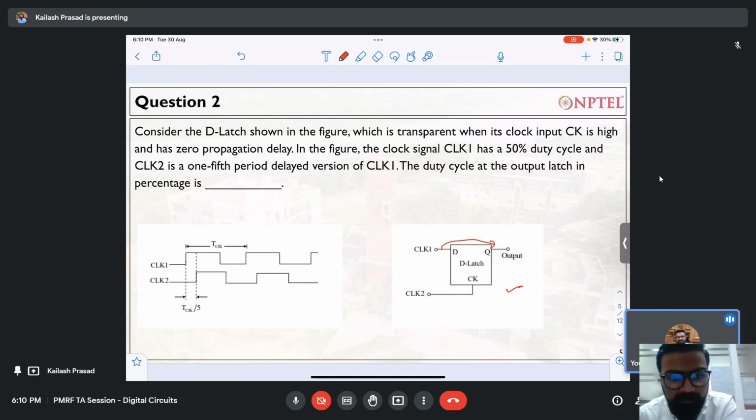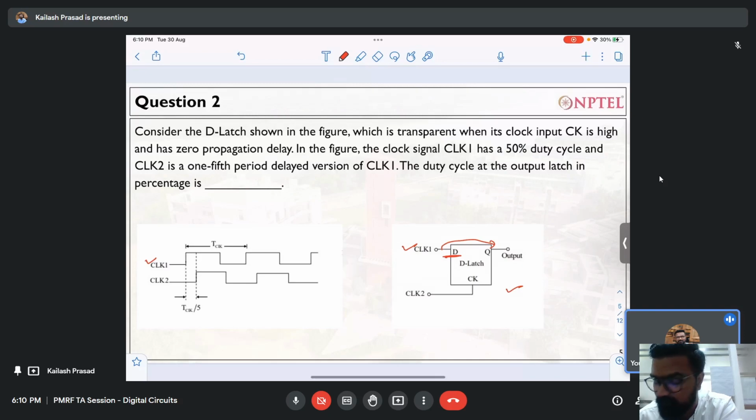In the figure, the clock signal clock one is provided to the D input of your D latch. Clock one has a 50% duty cycle.